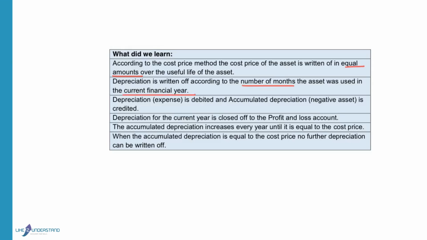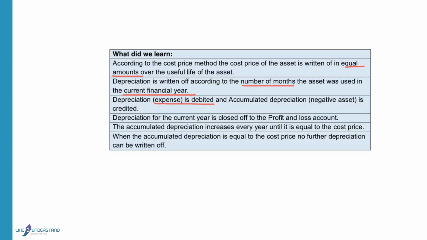So if we buy the asset in the middle of the year, we will only write off depreciation for 6 months. If we buy the asset on the 1st of October, we will only write off depreciation for 3 months. Depreciation is an expense and is therefore debited.